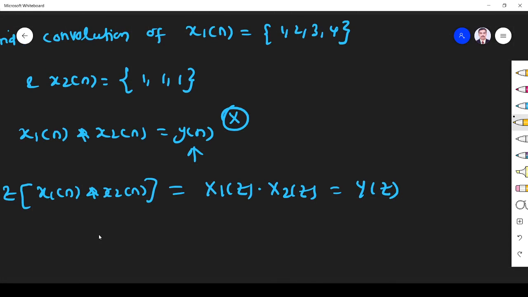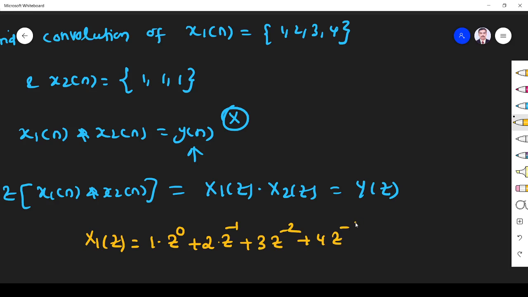Here n is starting from 0, so x1 of z is 1 into z power 0 plus 2 into z power minus 1 plus 3 into z power minus 2 plus 4 into z power minus 3. The formula is x of n into z power minus n, where n varies from 0 to 3.